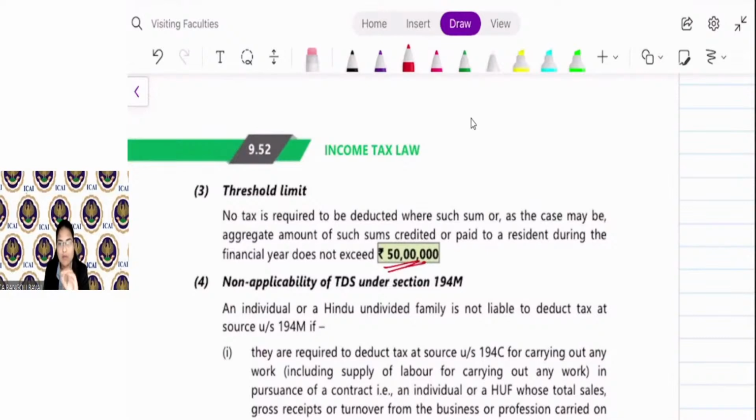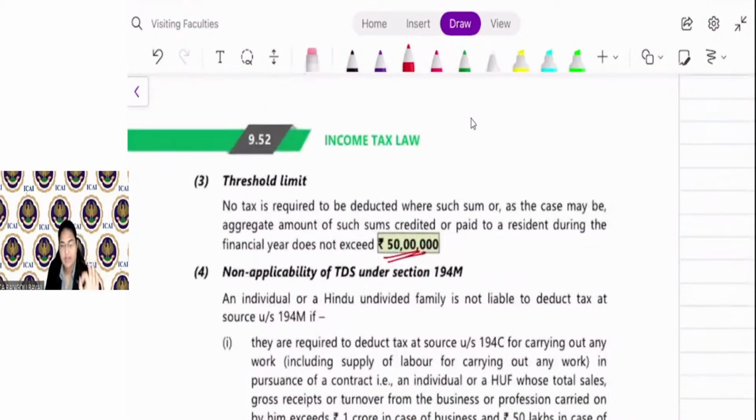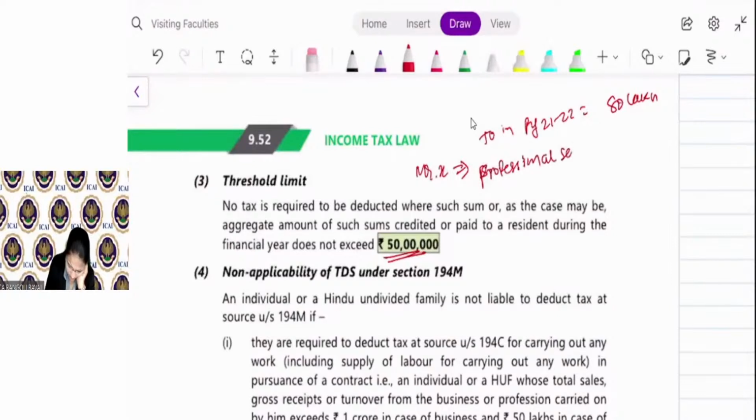So, say for example, Mr. X, turnover in previous year 21-22 is 80 lakh. Receives professional service of rupees 52 lakh in previous year 22-23.